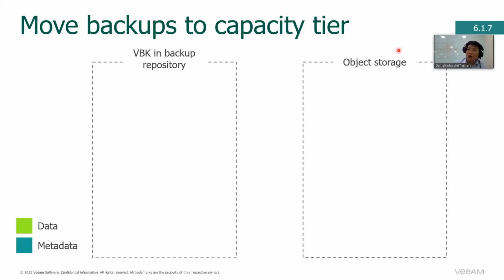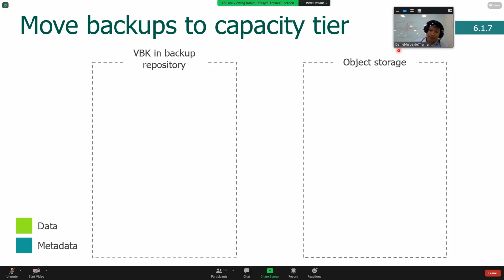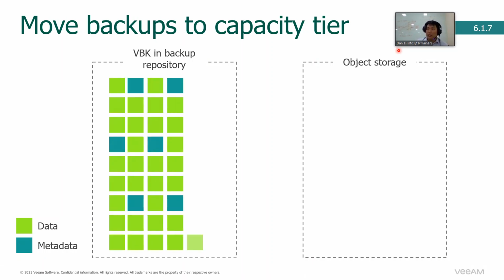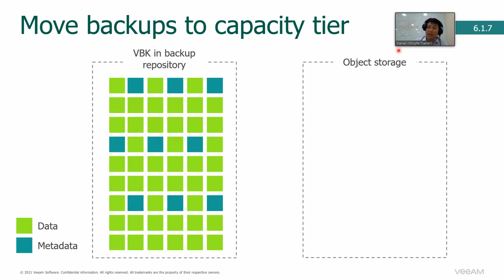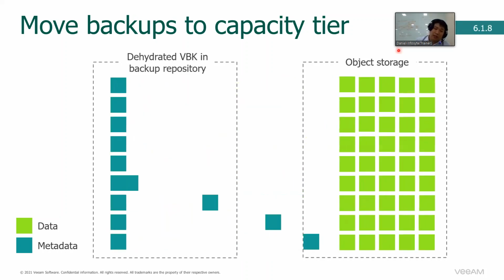Now, if you select only move backup, move backup will only apply to expired backup data. So over here you see, when my data starts to expire, what happens? Your data is still sitting in your local performance tier backup repository. When the backup data expires, they will then help you to move it to the object storage.